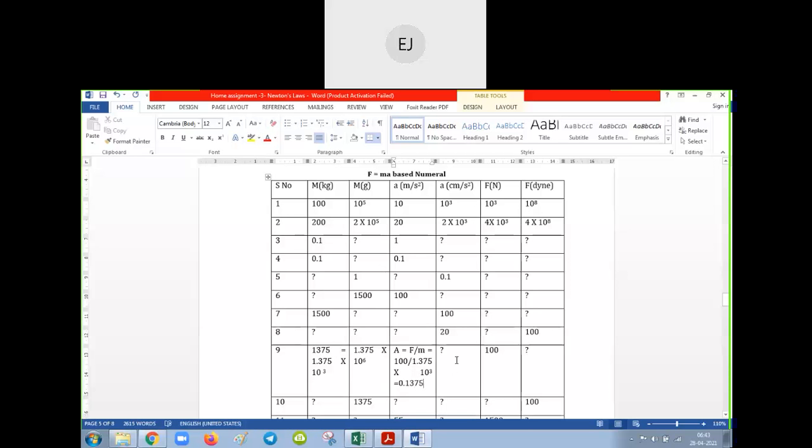Is it okay, Sagnik? Yes, sir. Then next, you got the answer in meter per second square. Convert it into centimeter per second square. To convert into centimeter, you multiply by 100, and the answer will be 13.75.